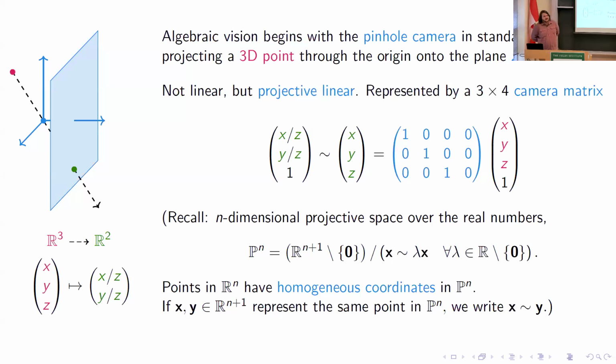It's really important to mind the fact that this is an equality up to scale. And the advantage of working with (x, y, z) is that you can see that this is actually just a matrix times the 3D point in homogeneous coordinates. And so this is what we call the camera matrix in this very particular coordinatization of the pinhole camera. Okay, any questions about this slide?